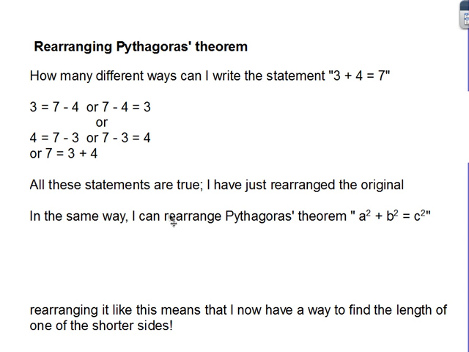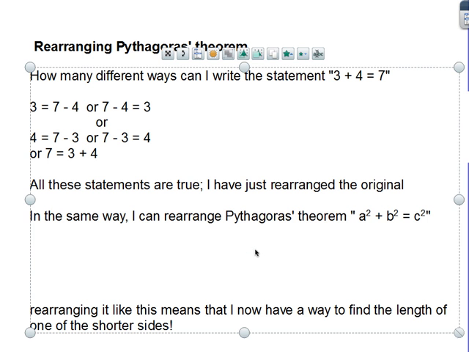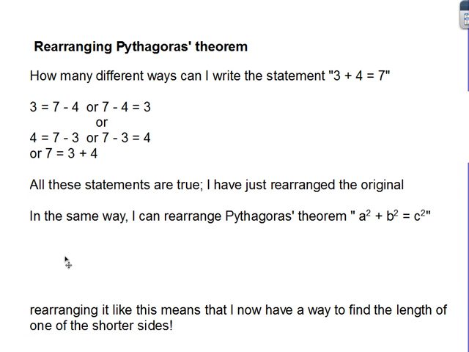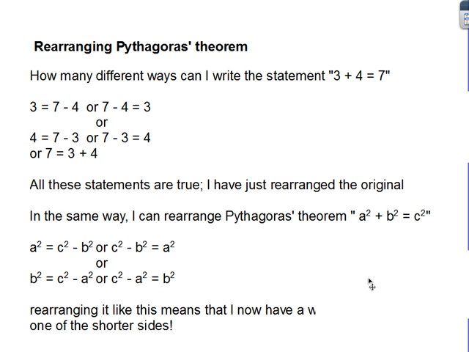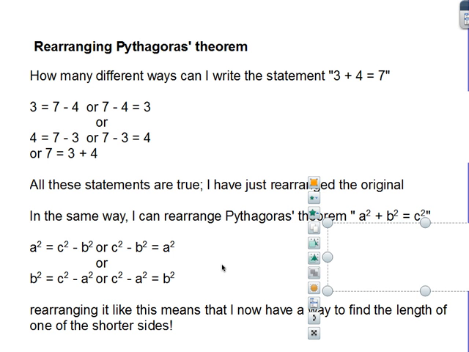So in the same way, I can rearrange Pythagoras' theorem. Here it is here, a squared plus b squared is equal to c squared, where a and b are the short sides and c is the hypotenuse. I could rearrange this in a few different ways. I can say c squared minus b squared equals a squared, or a squared equals c squared minus b squared.